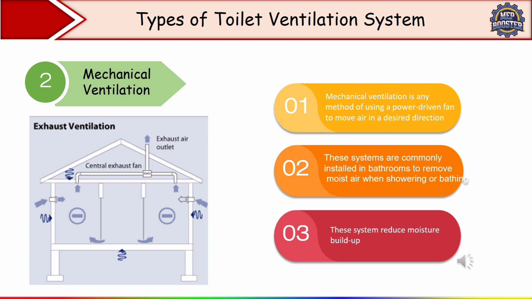Okay, because if moisture increases in your indoor quality, it means the humidity level will increase. You have to face many problems. That is why our main target in ventilation system is that we have to make a comfortable environment inside the bathroom, inside the toilet.